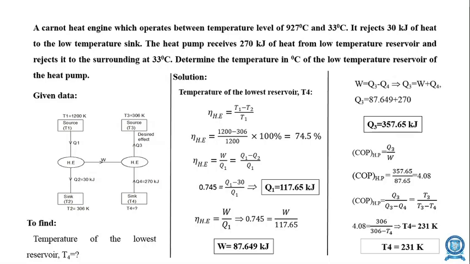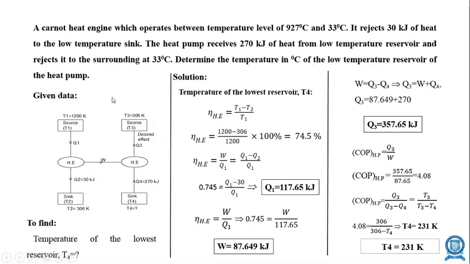Low temperature reservoir means the sink T2, which is equal to 306 Kelvin. From that region, the heat pump receives 270 kilojoules of heat. Determine the temperature in degree centigrade of the low temperature reservoir of the heat pump.